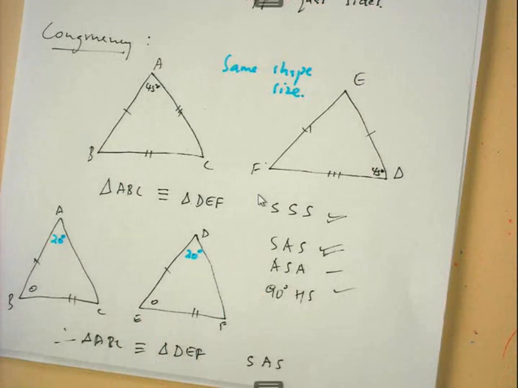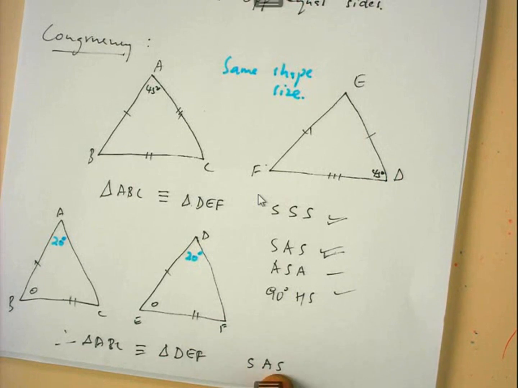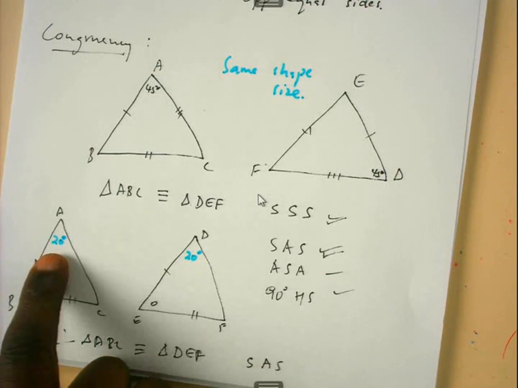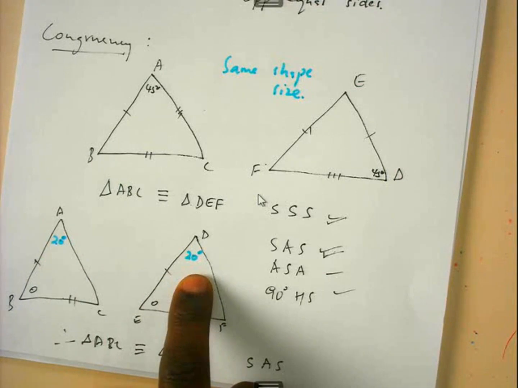You see, we did not talk about the other angles. We have only checked three characteristics of these triangles, which is a side, the angle, and the side. We did not talk about other things. But if we can prove this one for congruency, we can therefore say, surely, this angle, if it is 20, the other one will also be 20 degrees.